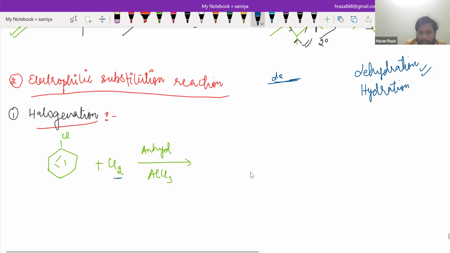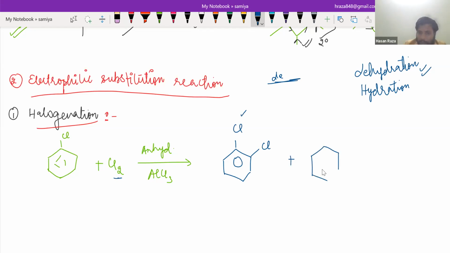So of this Cl2, one Cl will go and attach at the ortho position with respect to this chlorine, and the second product will have the chlorine at para. Are you getting my point?